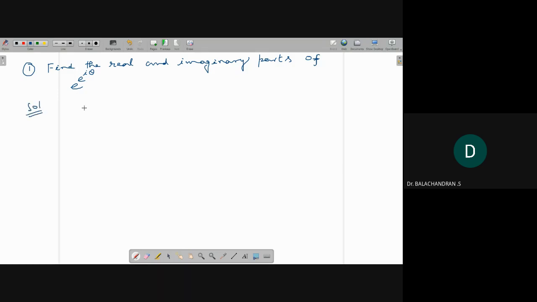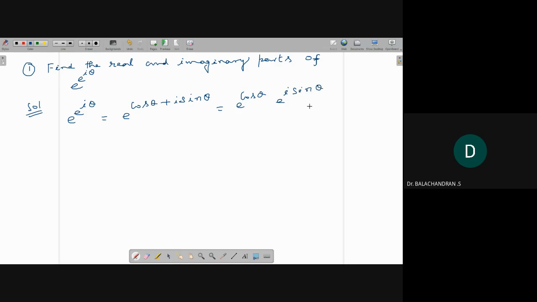So you can write e power e power i theta is equal to e power, and for this e power i theta you can write cos theta plus i sin theta. Okay. So now you can write this is equal to e power cos theta into e power i sin theta.